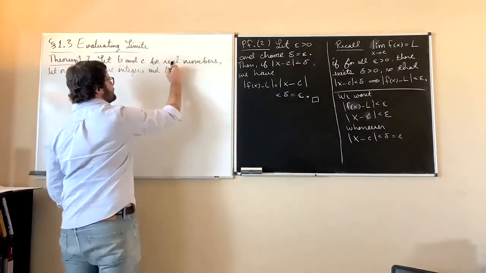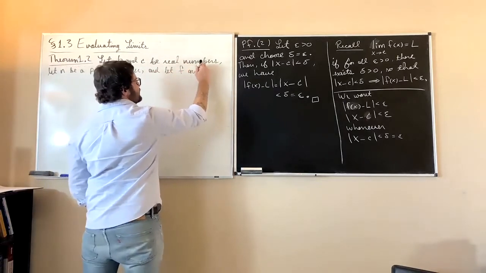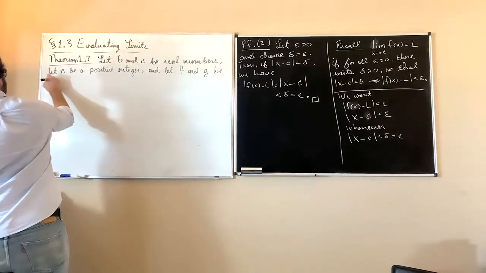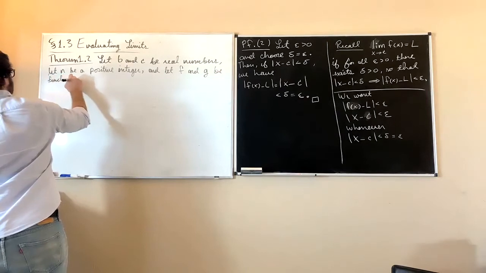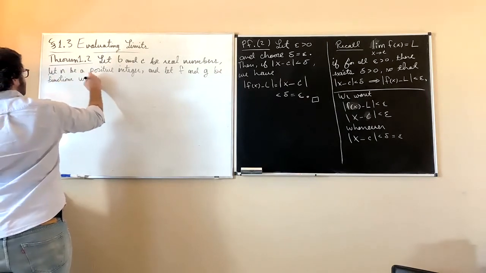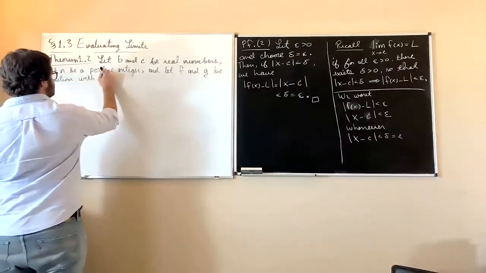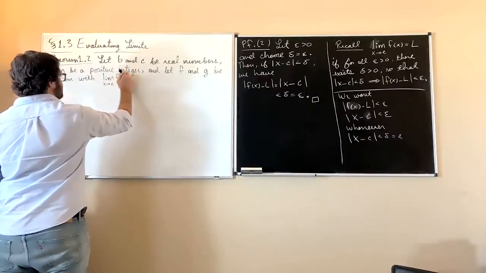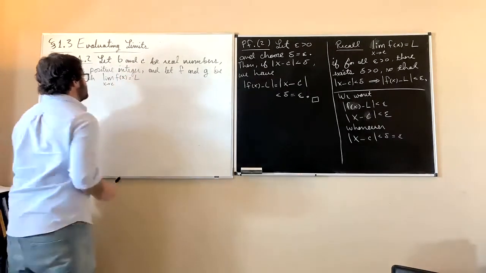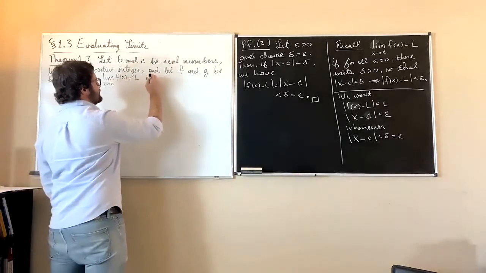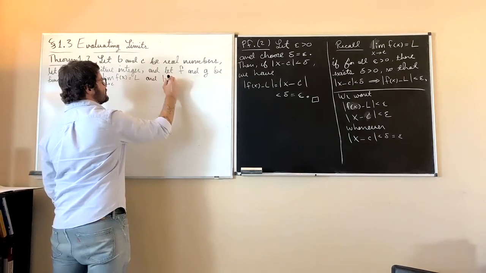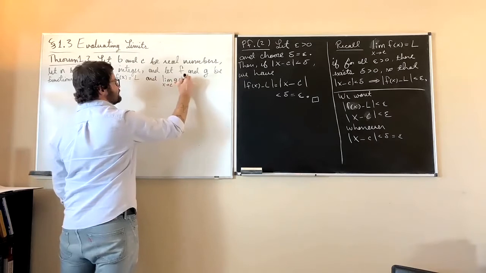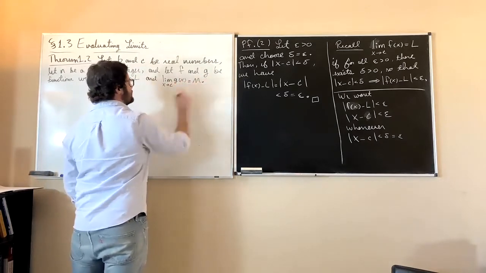And let f and g be functions with the limit of f of x as x approaches c equal to L, and the limit as x approaches c of g of x, we're going to suppose that's equal to m.